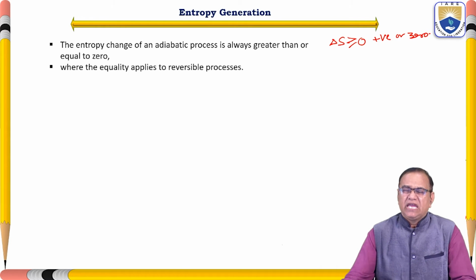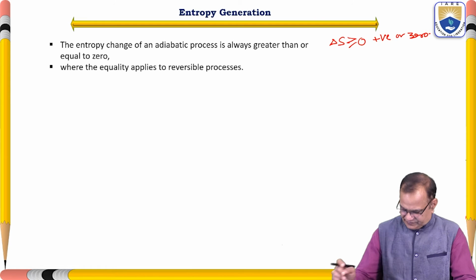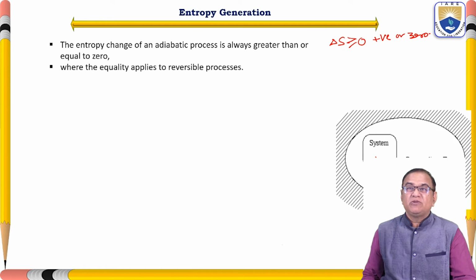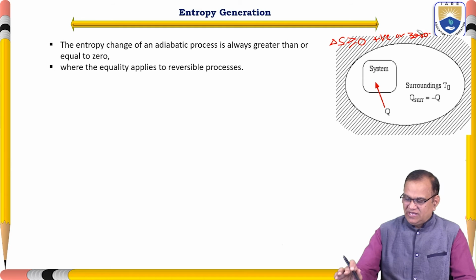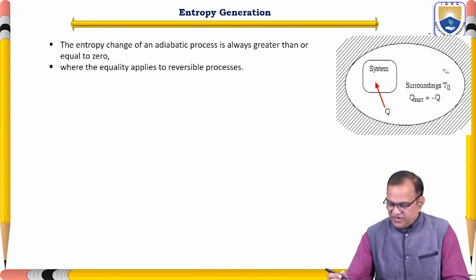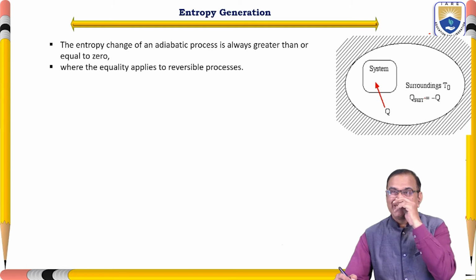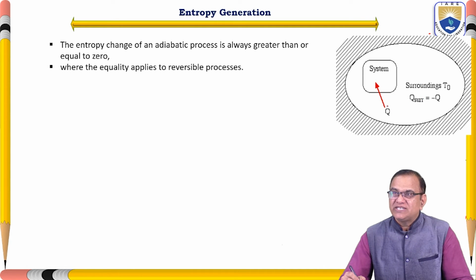Where the equality applies to the reversible process. Here you can see that if it is a system, this is the surrounding T naught, so Q of the surrounding is minus Q. Because the heat is going from here to here as a plus Q, but for the surrounding it is a minus Q.